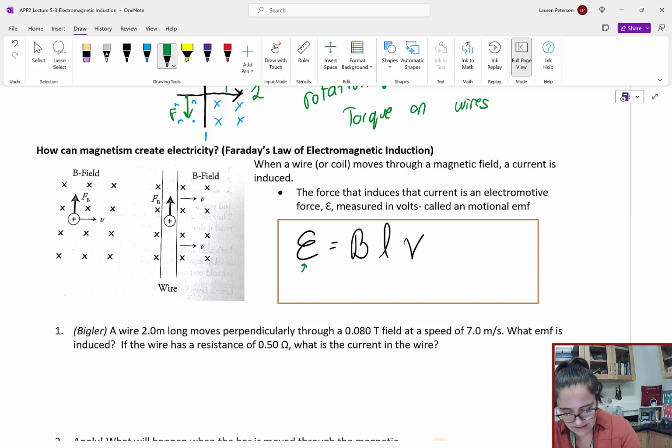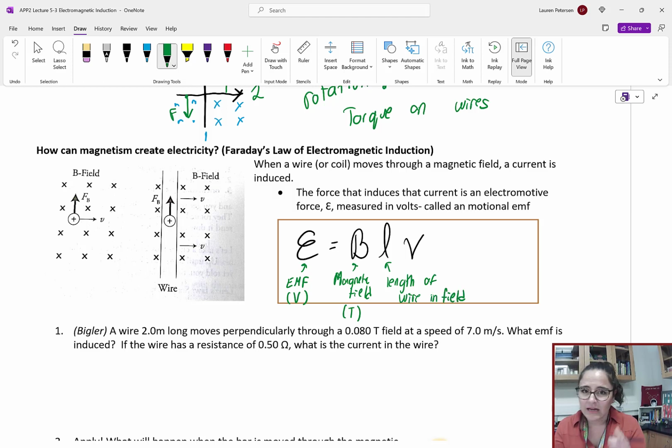So E is the EMF or electromotive force, measured in volts. B is the magnetic field, normally in Teslas. L is going to be the length of the wire in the field.